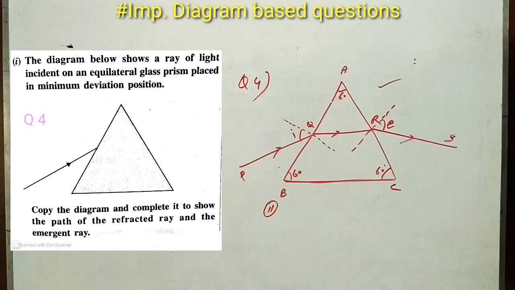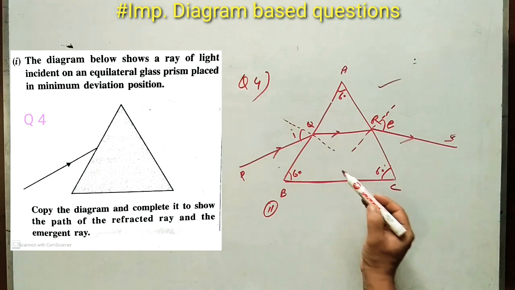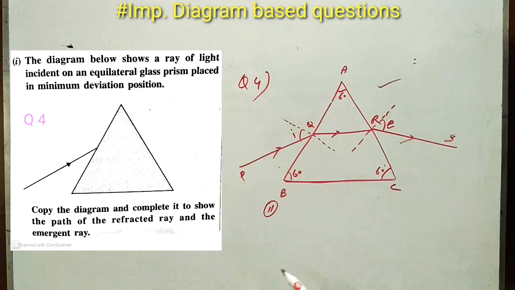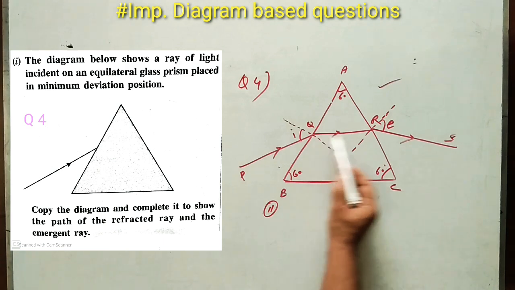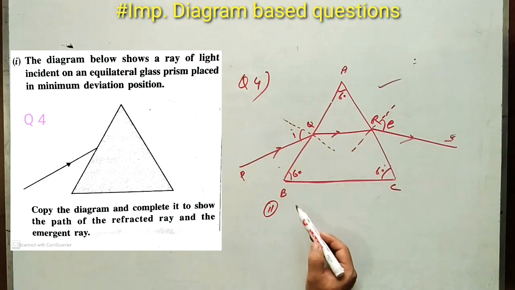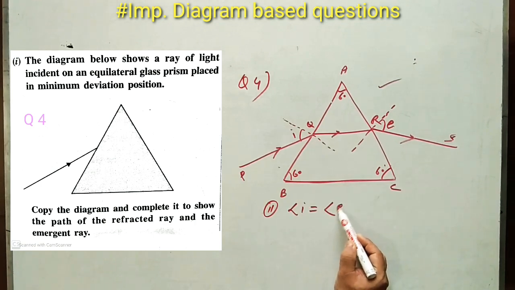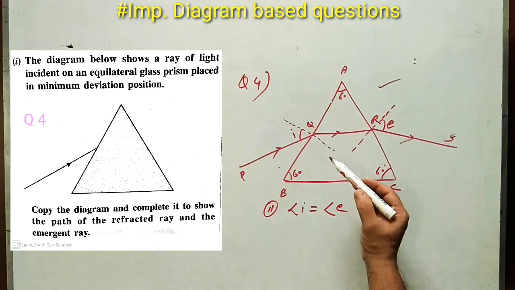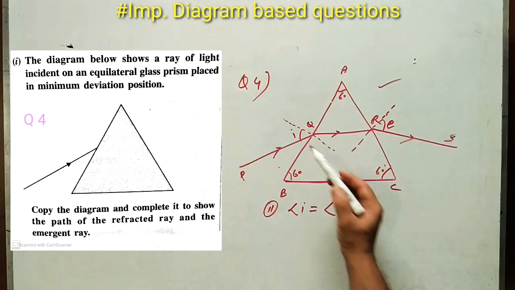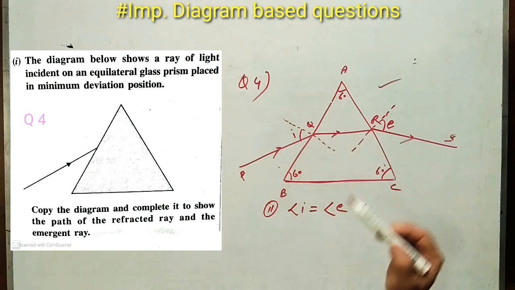How are the angle of incidence and angle of emergence related to each other in this position of the prism? So at the particular position of minimum deviation, as you know, the refracted ray is parallel to the base of the prism, so at minimum deviation position, the angle of incidence is equal to the angle of emergence. This is a special case only in the minimum deviation position: the angle of incidence is equal to the angle of emergence.